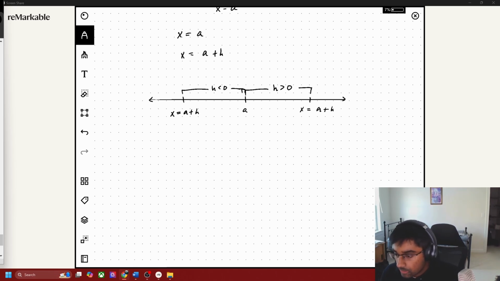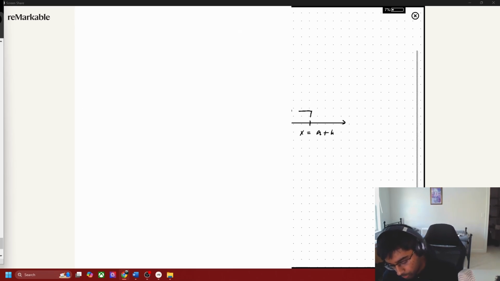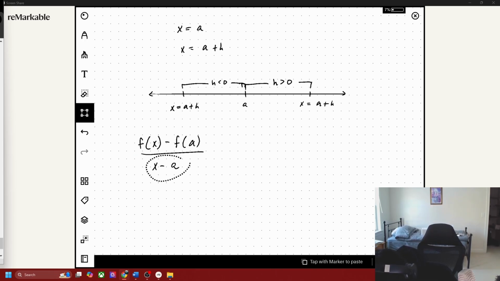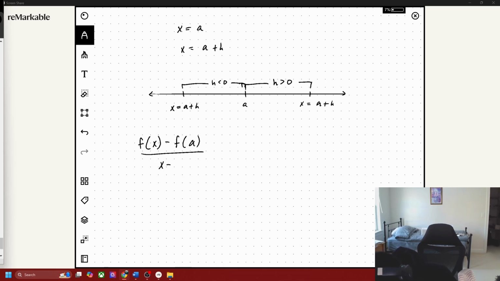So with this, what we can do is plug into our secant line formula. So f of x minus f of a over x minus a, and now we're going to plug in x equals a plus h.